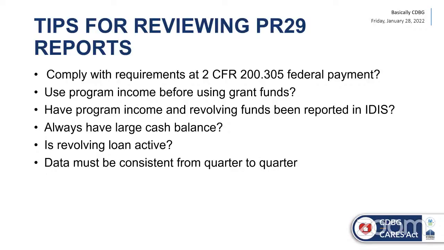Have you been entering your program income and revolving loan funds into IDIS? Do you have a large cash balance? Well, if you have a large cash balance of federal funds, that's a problem.